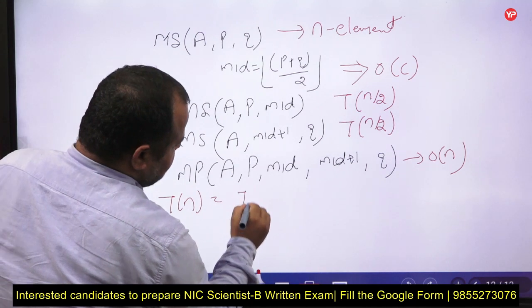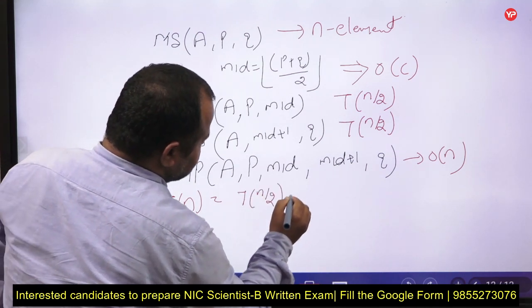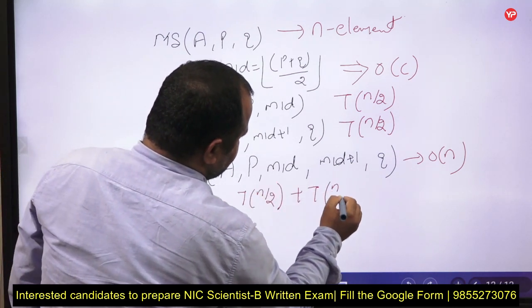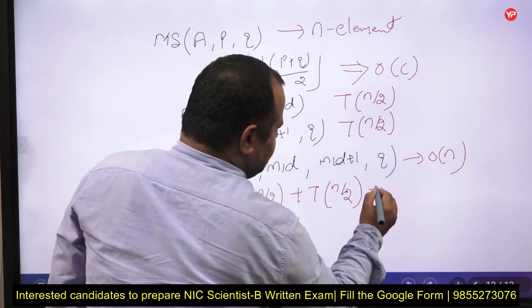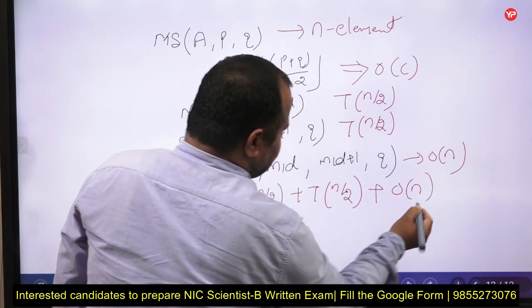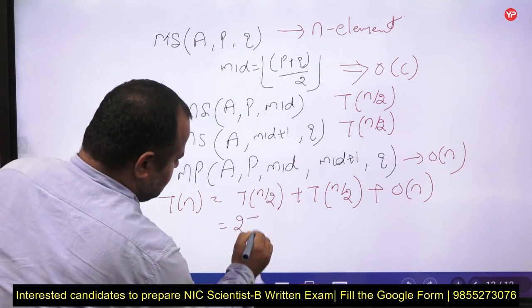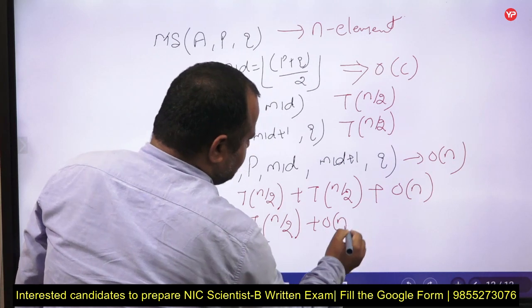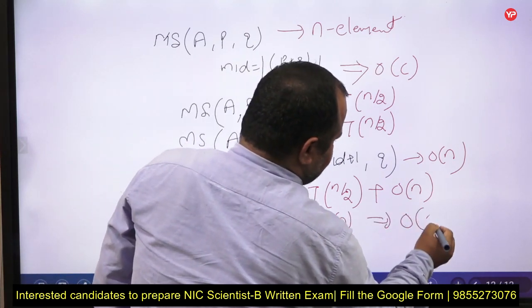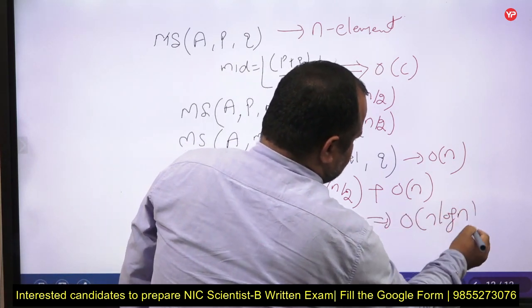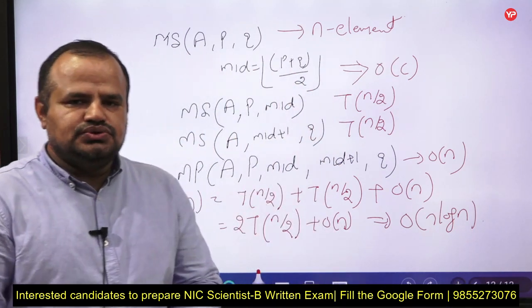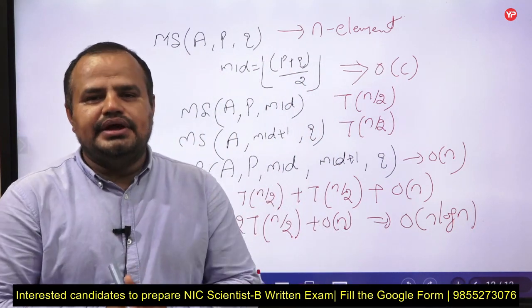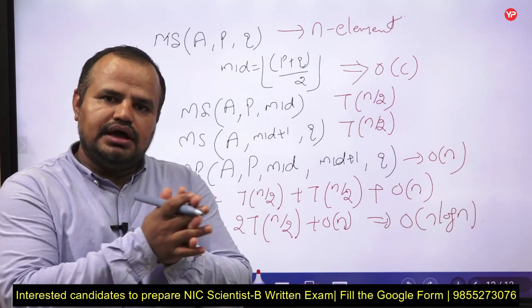That is T of n by 2 one side, T of n by 2 on the next side, and it will take order of n time. After simplifying the whole recurrence relation, time complexity is n log n. So we can say that merge sort takes order of n log n time to sort an array of size n.